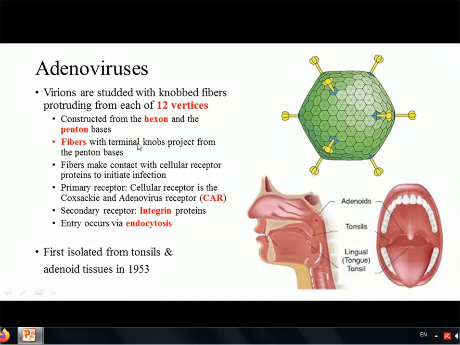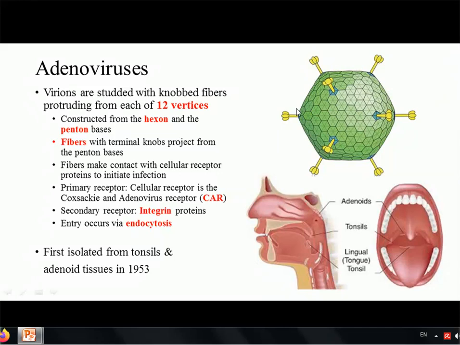The fiber with the terminal knob projects from the penton base. The fiber is used to make contact with the cellular receptor protein to initiate infection, which means the adenovirus uses this fiber to interact with the host receptor so that it can enter the cell cytoplasm via endocytosis.